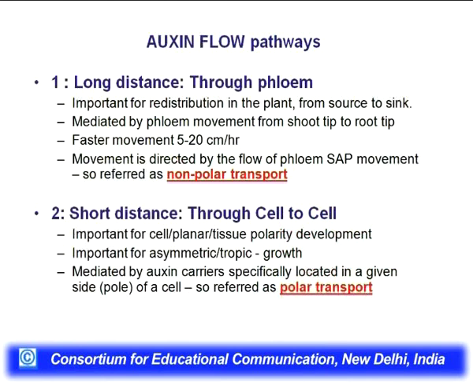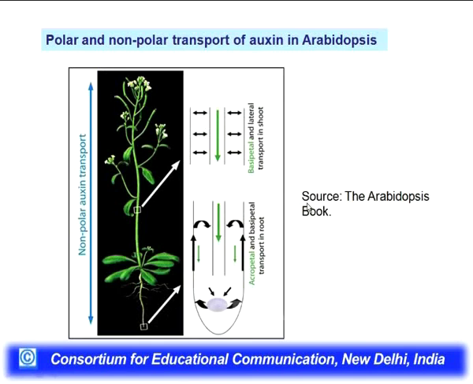Now, these are the auxin pathways which I told you about. One is long distance flow through phloem and the other is short distance, cell to cell. Now, look at this structure here. This is a plant and the central column is a vascular column.